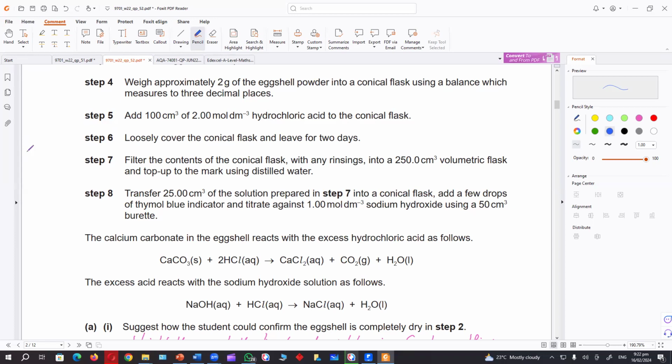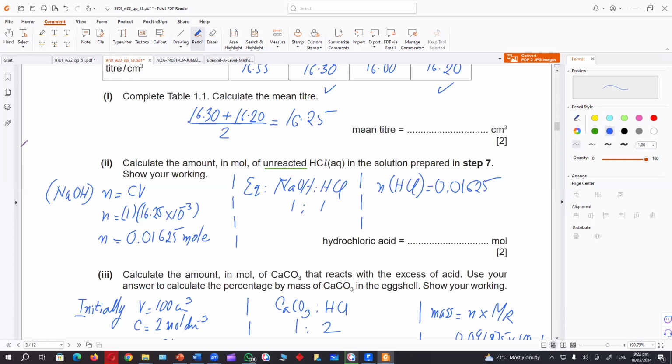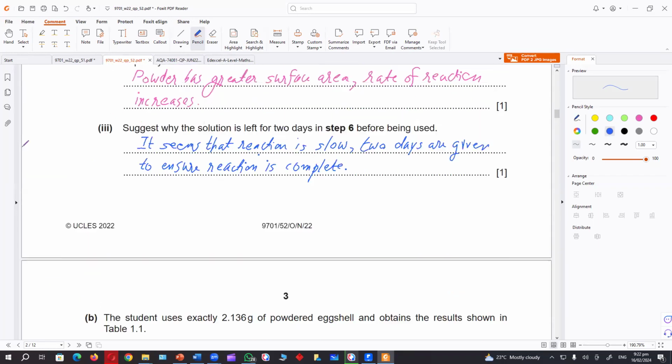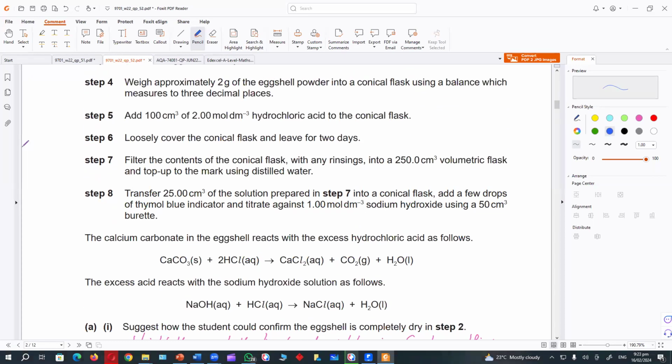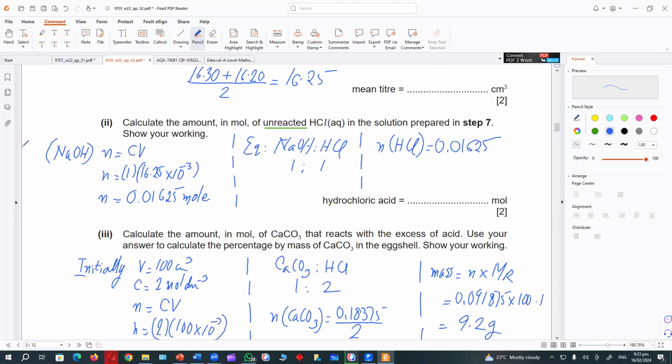Actually, the NaOH moles we got here are 0.01625.